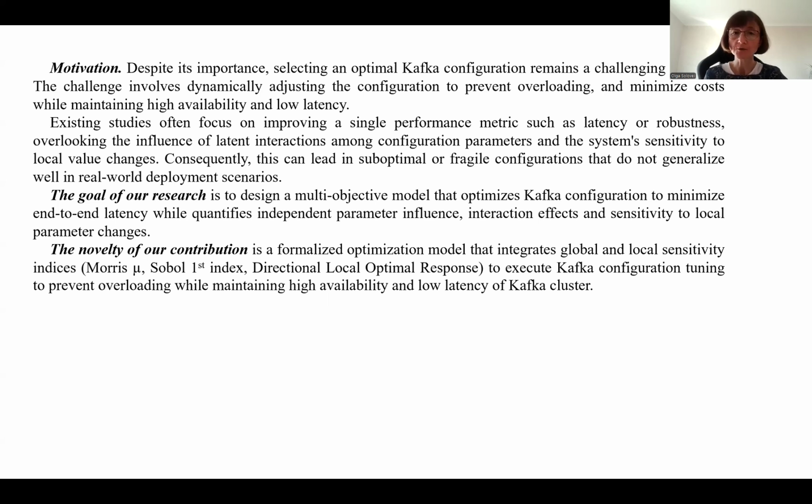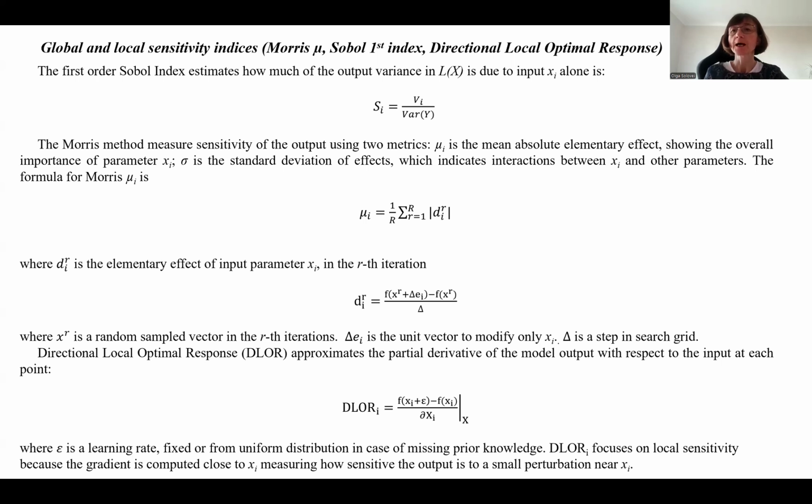The novelty of our contribution is a formalized optimization model that integrates global and local sensitivity indices to execute Kafka configuration tuning, preventing overloading while maintaining high availability and low latency.